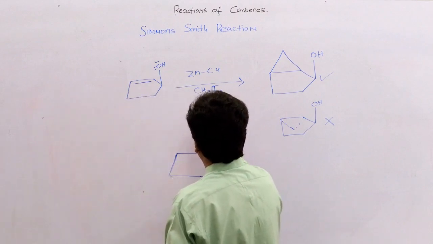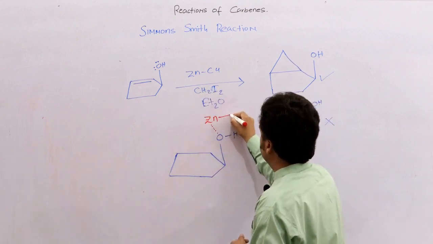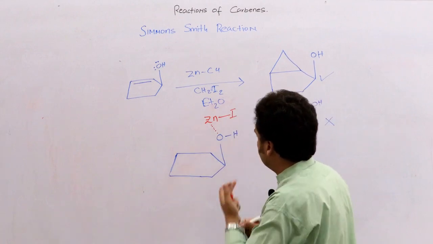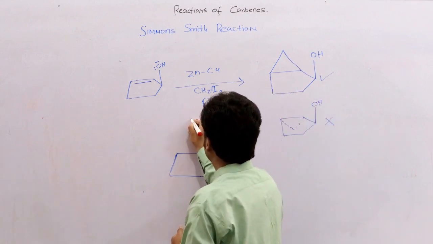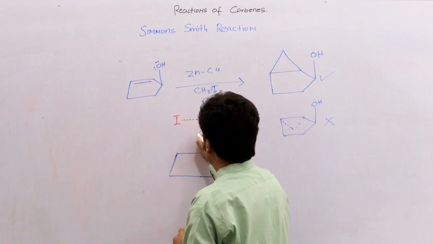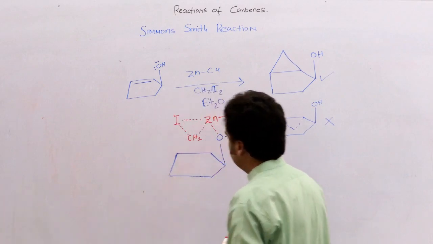This is our zinc. Same thing as the previous iodine; we saw this. Here, as you see, this iodine is going out. This is the CH2 to be delivered, and this is the iodine.